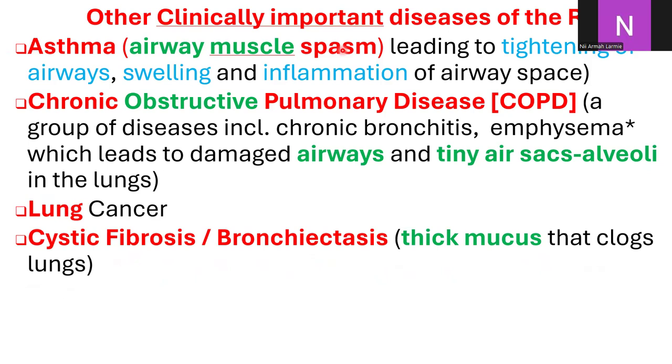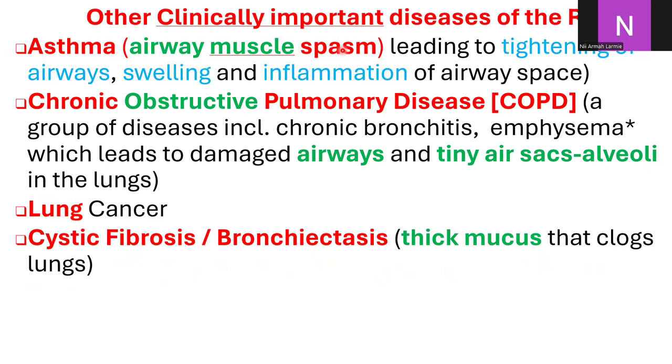So asthma is one of the most important clinical diseases of the respiratory system. Another one is chronic obstructive pulmonary disease. Now, this is not one disease, but a cluster of diseases. It's just a name given to a group of diseases, and it includes inflammation of the bronchi, which has become chronic, or trachea, which has become chronic, or even emphysema.